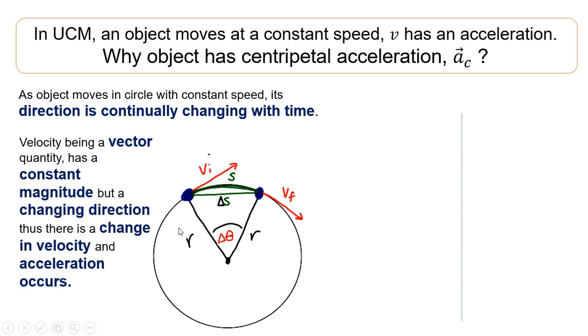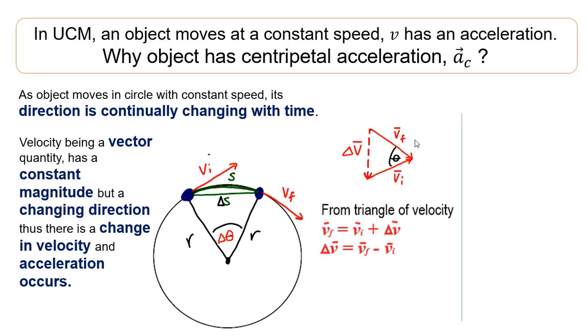Velocity being a vector quantity, it has a constant magnitude, but the direction is changing with time. Thus, there is a change in velocity and acceleration occurs. Let's consider this triangle of velocity. Mathematically, the final velocity is the resultant vector of the initial velocity and delta v.